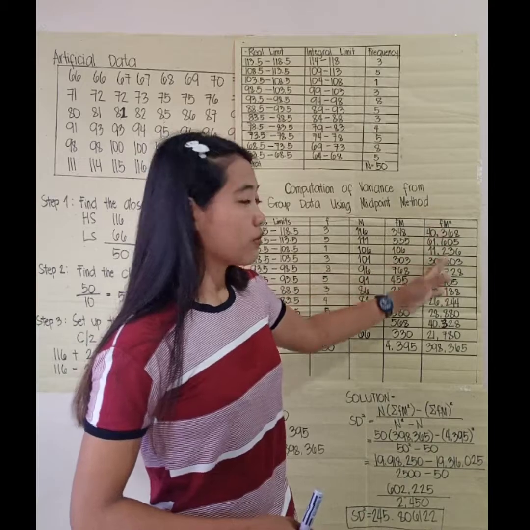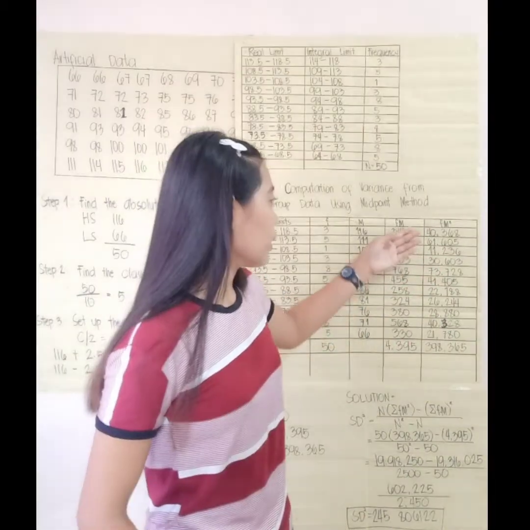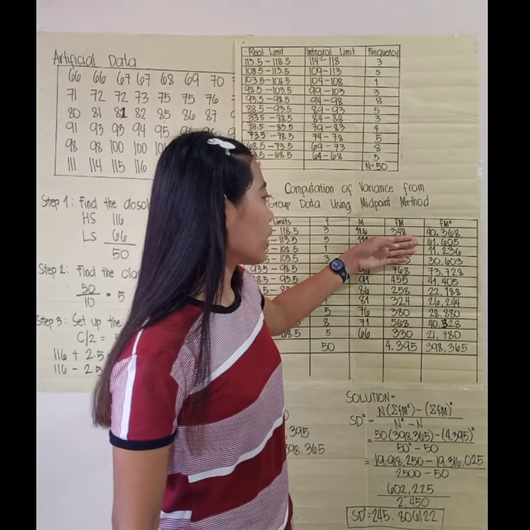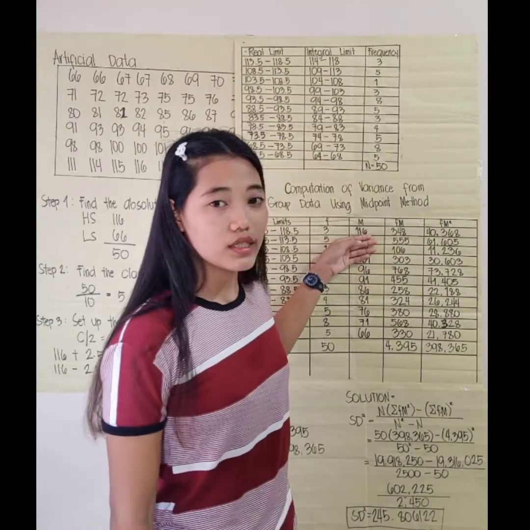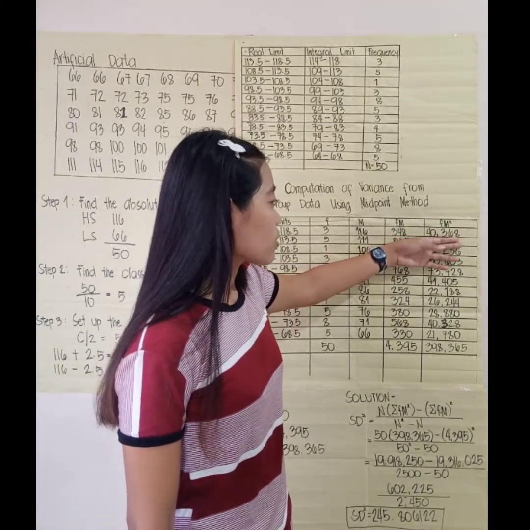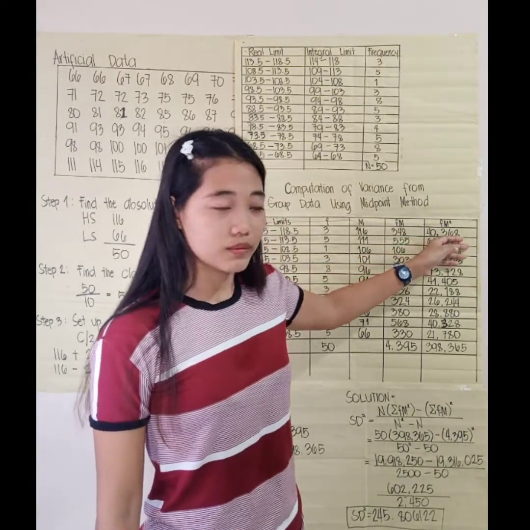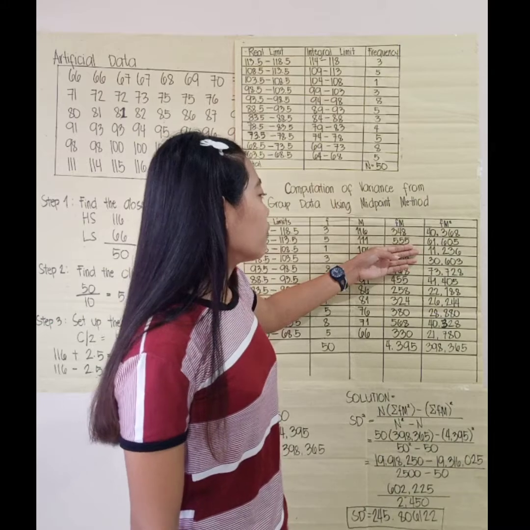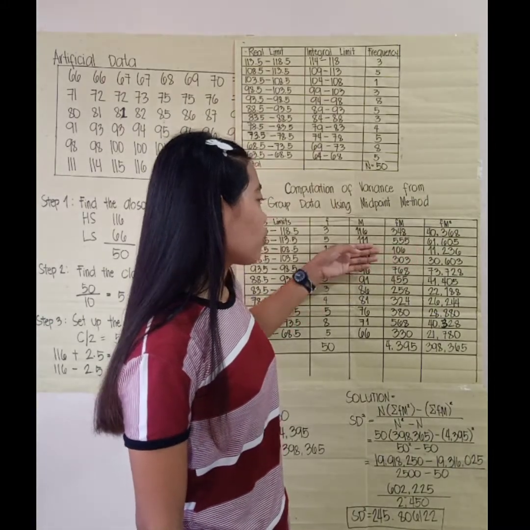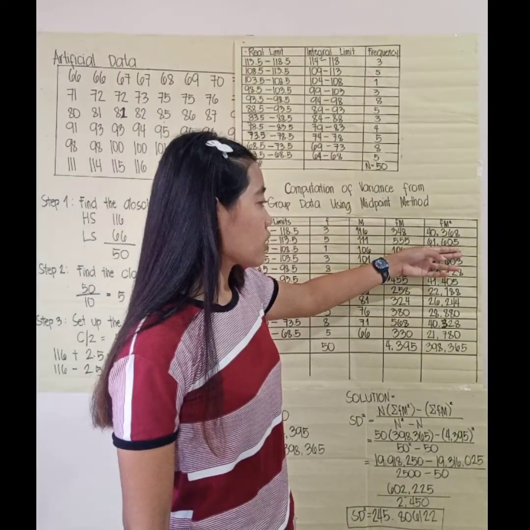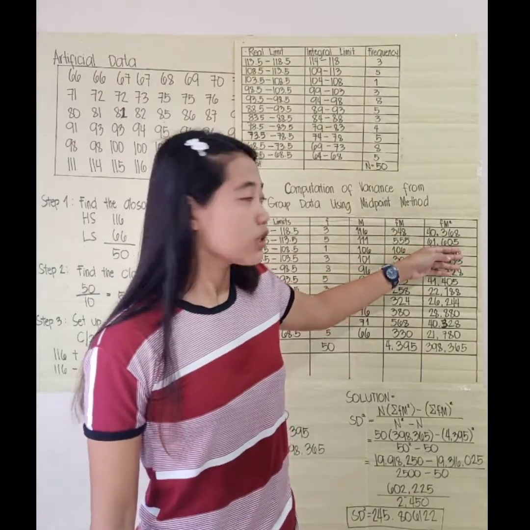Next, let's apply our third step, which is to multiply FM by M to get FM2, as shown in the fifth column. So 348 times 116, the result is 40,368. Next, 555 times 111, the result is 61,605.